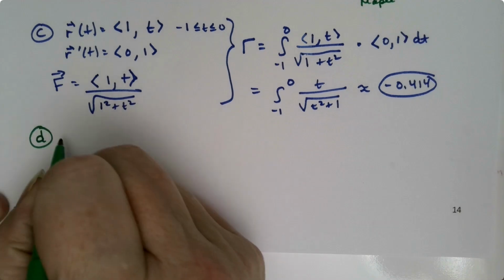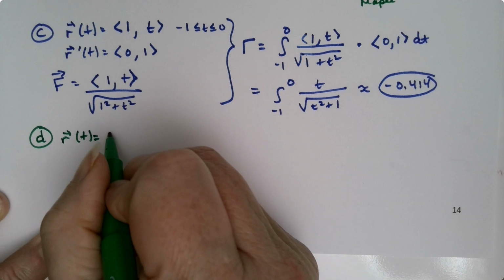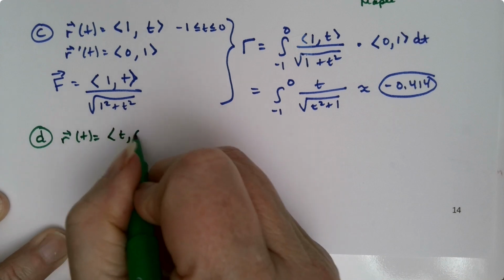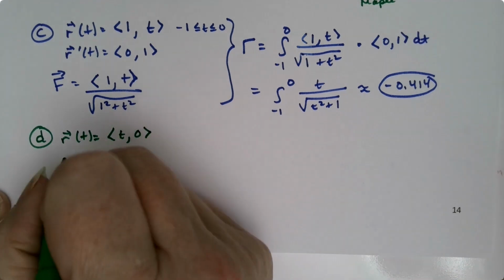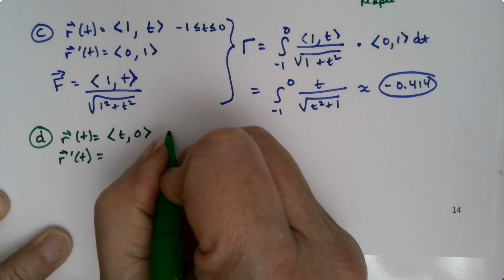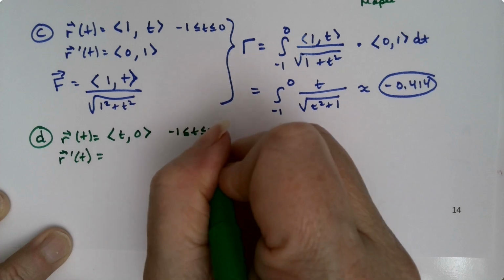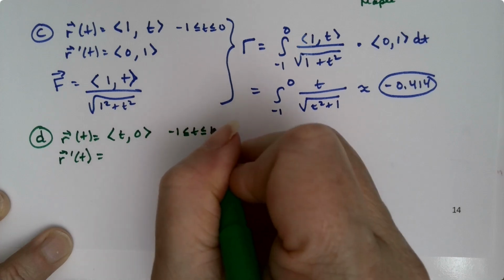All right, so going back down here, we need the parameterization of that. X can be anything, so that's t, and then the y is fixed as 0. And we're going from -1 less than or equal to t less than or equal to 1.